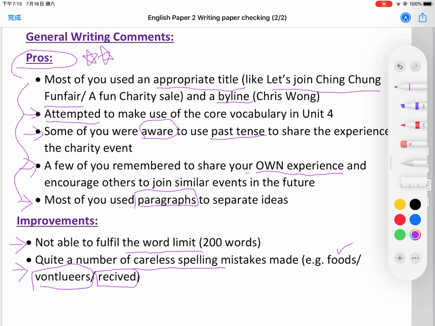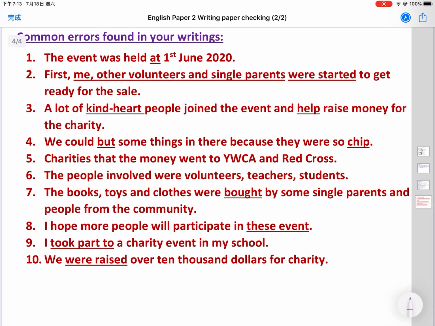Okay, just pay attention to the sentence structures and also the vocabulary that you use in your writing, because if your writing contains a lot of careless mistakes, that may affect the reader's understanding, okay, and also the impression. Okay, all right, so let's go through some of the common errors found in your writings.